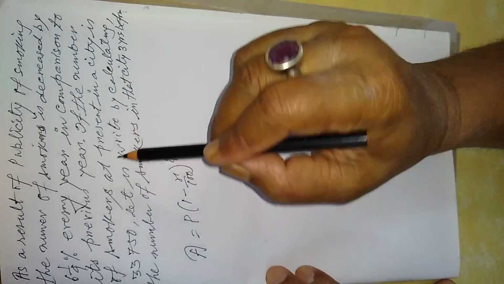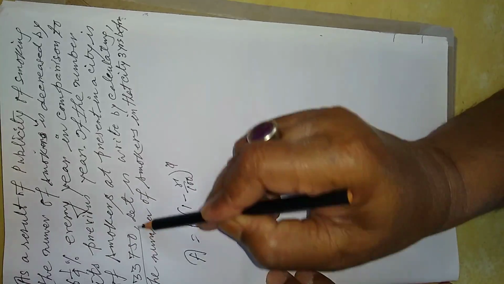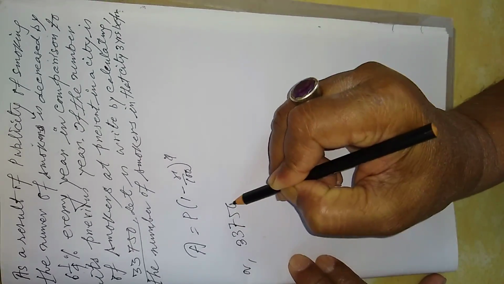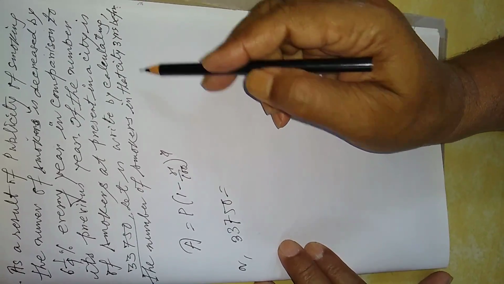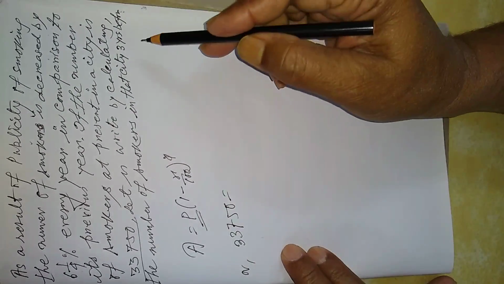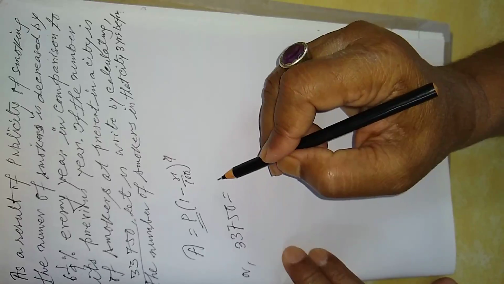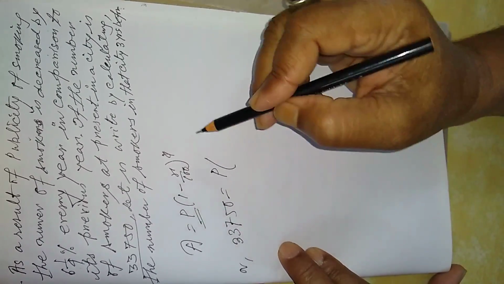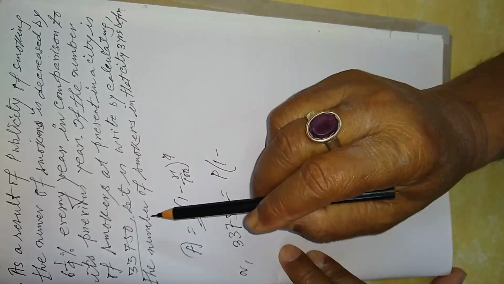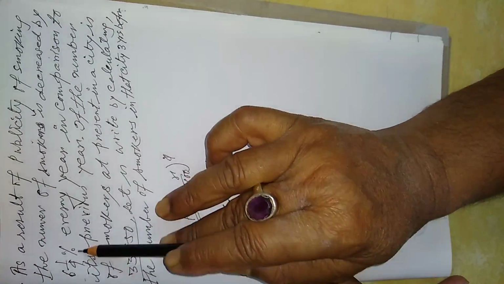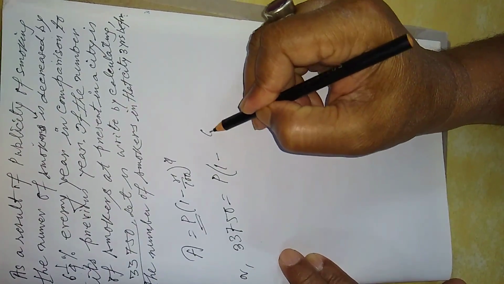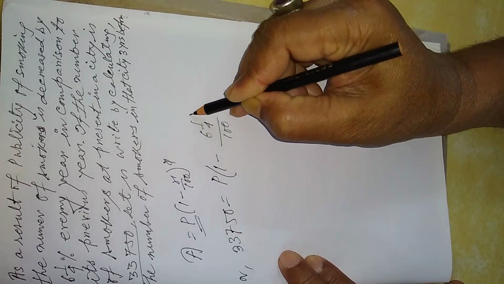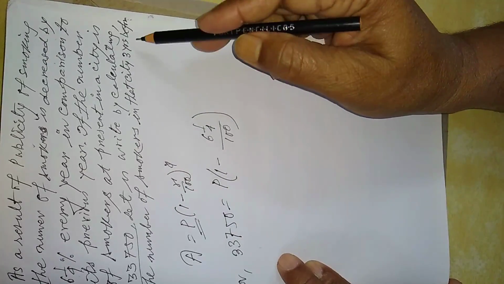Here the present number of smokers is 33750, so you have to write 33750 as the amount. P is the number of smokers 3 years before, 1 minus the depreciation rate. Look at the percentage: 6 1/4, that is 25 by 4, divided by 100, and the number of years is 3.